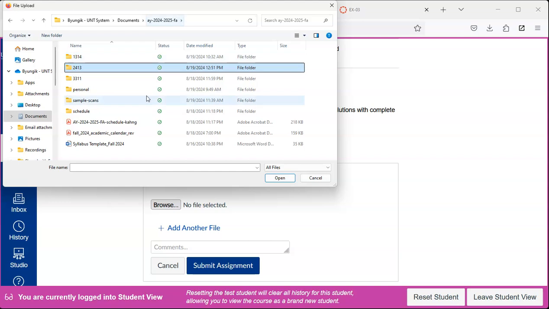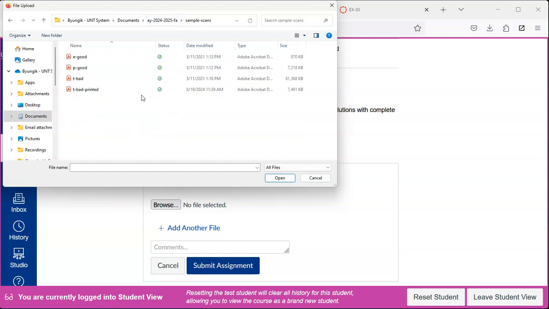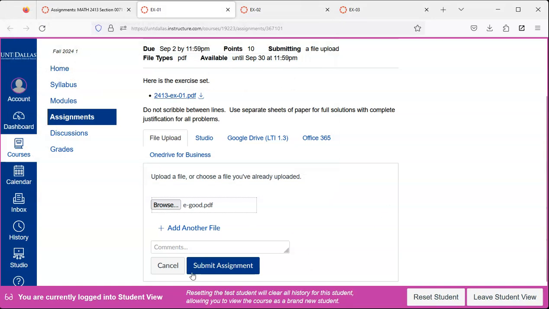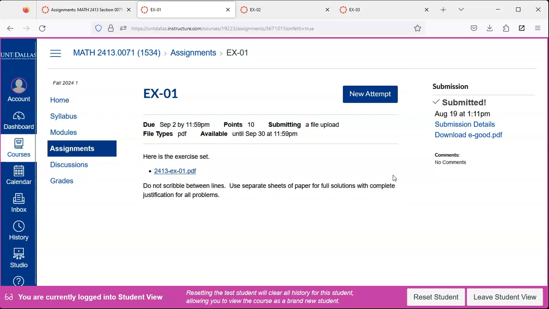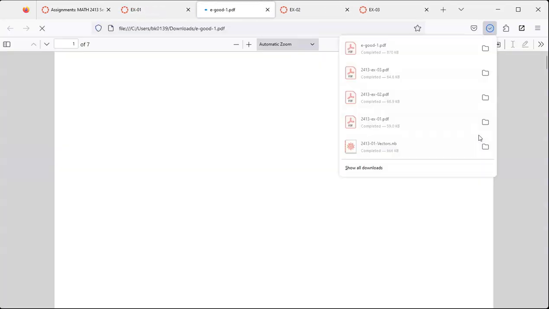But here, let me use the sample scans, and all right, here's a good example. Let's select and then submit, and okay, it's done. We have confetti, and then don't just abandon. Check your submission. Okay, check this. Is this a correct homework set?